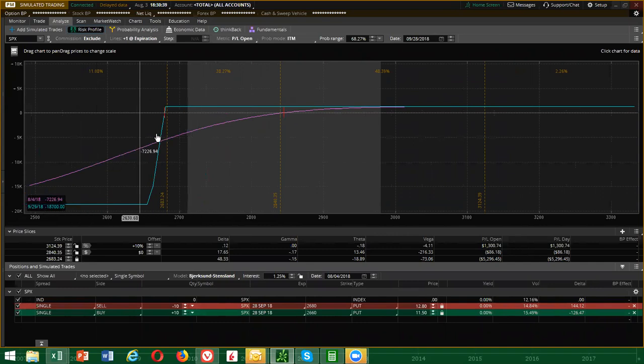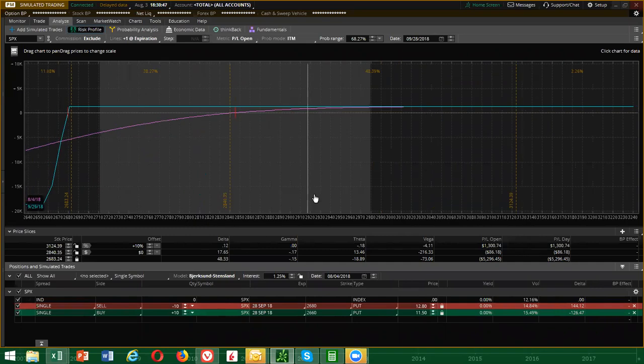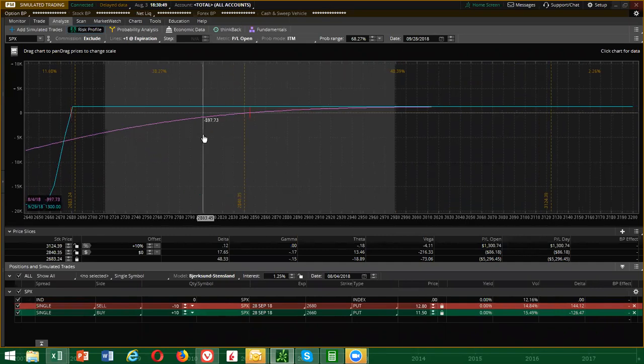There is approximately 89% probability that these puts will expire out of the money and win. That doesn't include trade management, etc. So this is fairly simple, fairly straightforward, fairly common.